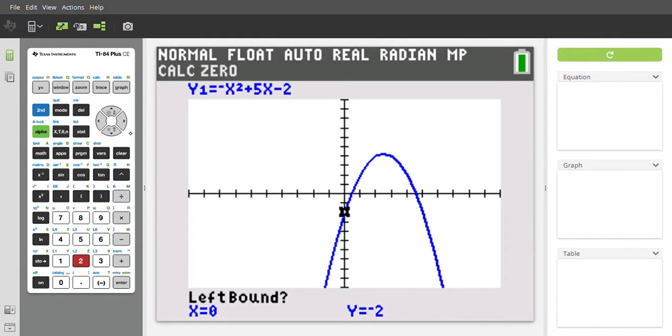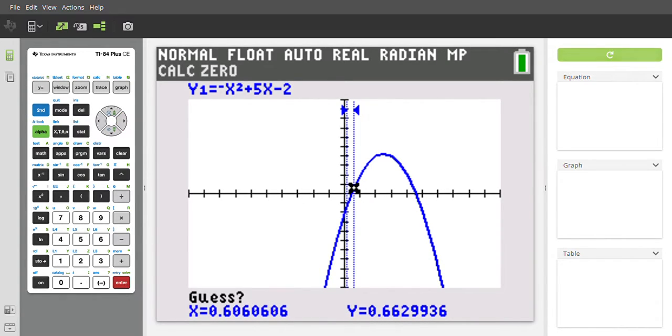Now we get on the left side of the x-intercept, then move to the right side, and we build our two walls, then we make our guess, hit enter, and we see that one of our zeros is 0.4384472.